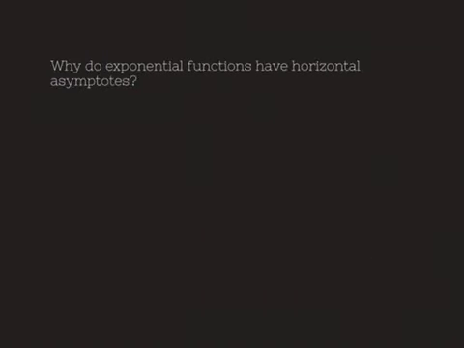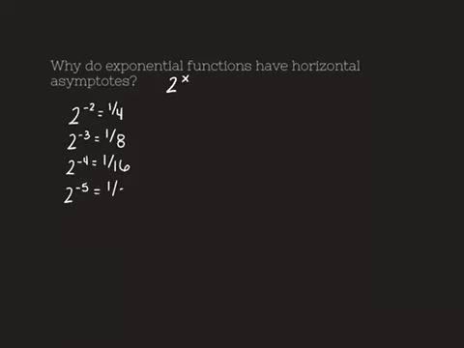Okay, so let's go into a little further depth on why we have these horizontal asymptotes. So we were just talking about 2 to the x, and we had 2 to the -2nd was 1/4, and I showed you how 2 to the -3rd was 1/8, and if we kept going, 2 to the -4th is 1/16, 2 to the -5th is 1/32nd, 2 to the -6th would be 1/64th.